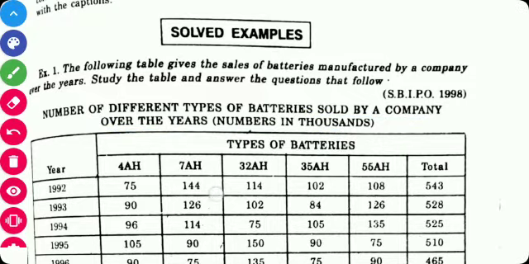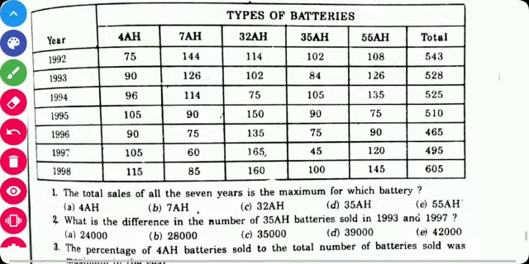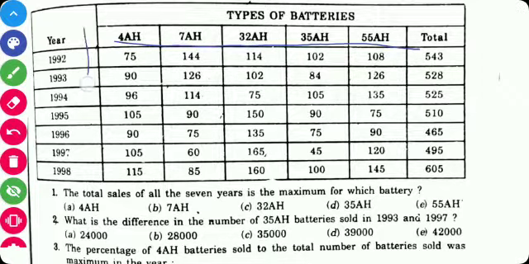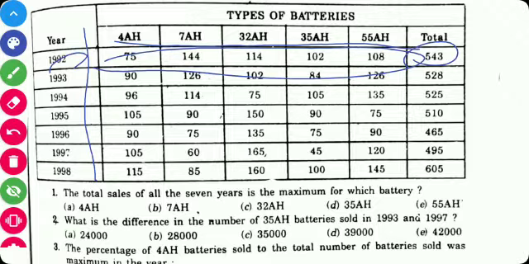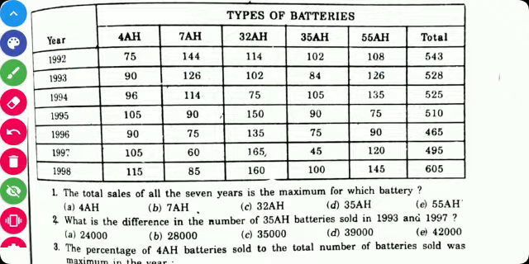See this table, these are the types of batteries. This is years, and according to years this is the sale of those batteries, and this is the total of those batteries.